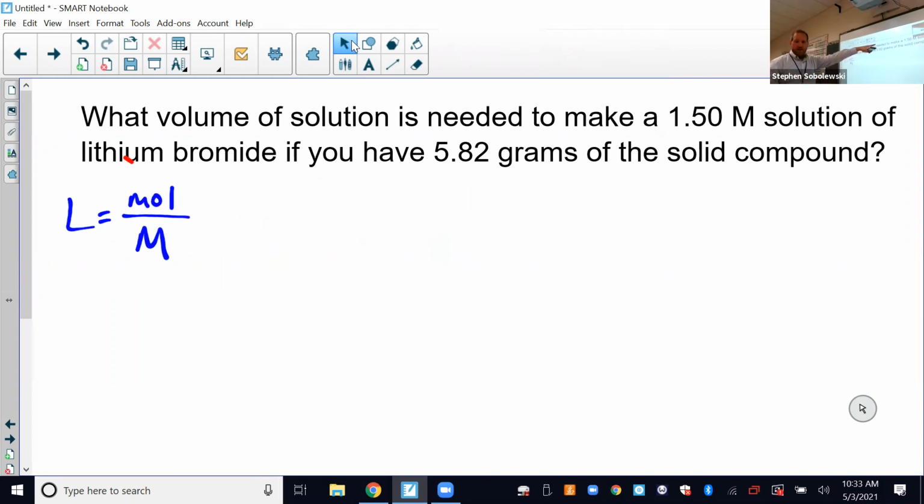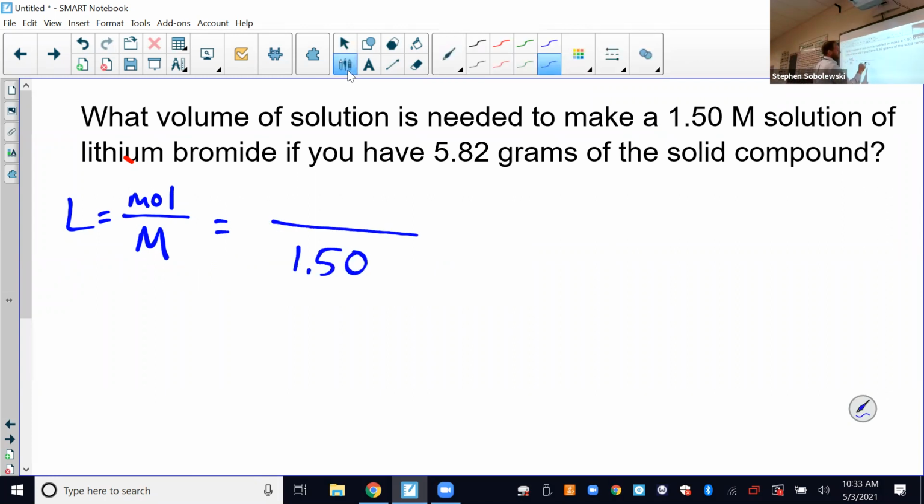So my molarity is given 1.50 molar. Let's just plug that right in. And for this, I'm going to put it as moles per liter so we see the units cancel. You can leave it as molar though. If we have 5.82 grams of the solid compound of lithium bromide, so turn that into moles. 5.82 grams of LiBr.